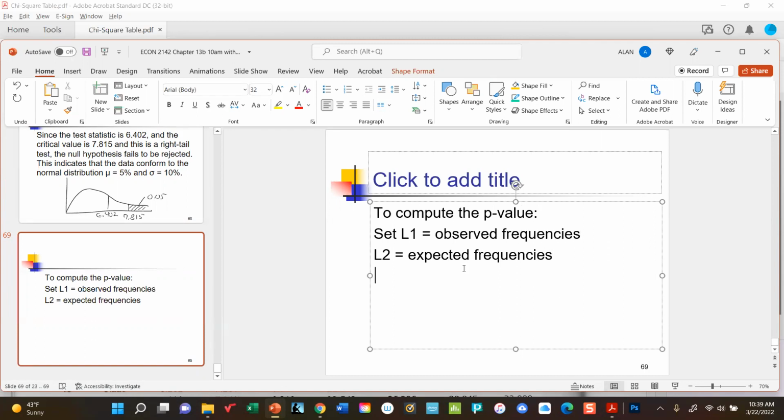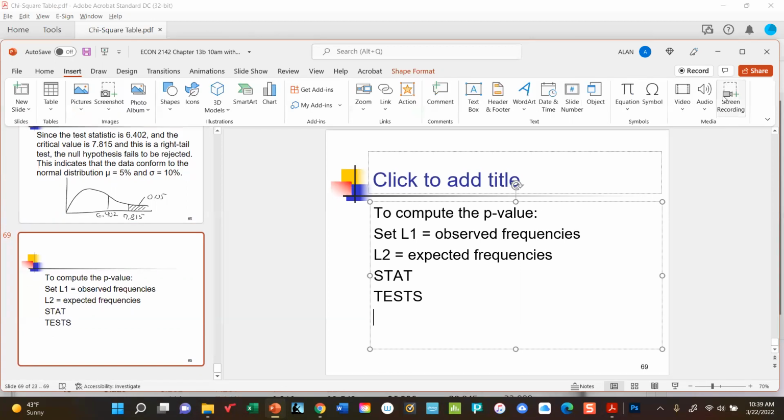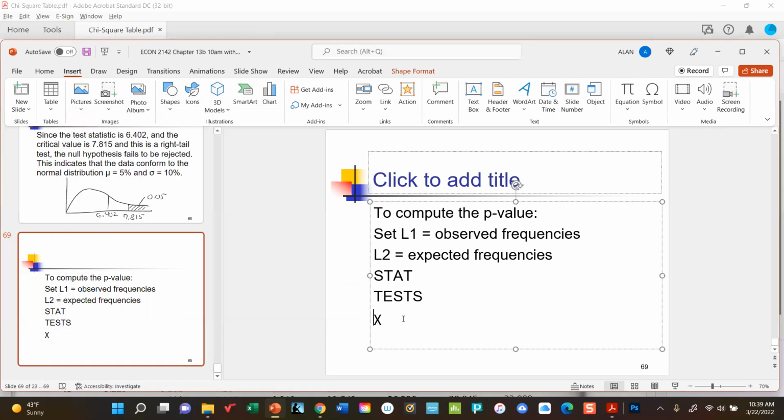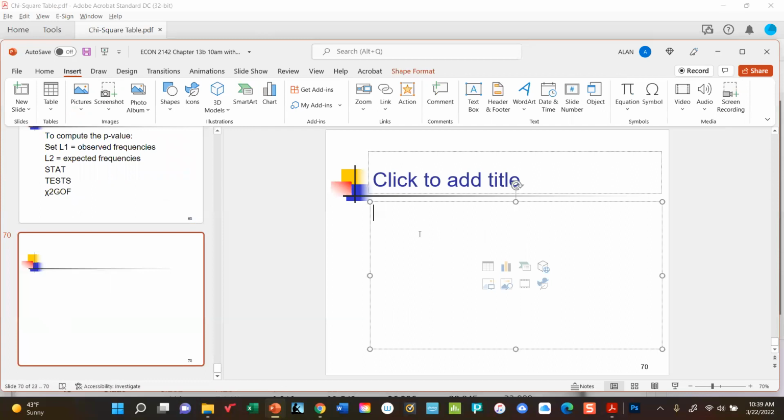And then go to, as we saw before, stat tests, chi-square goodness of fit. And remember, what it's going to ask you for is 3 things. Observed, L1, expected, L2, DF, which remember in this case is 3, and calculate, of course.